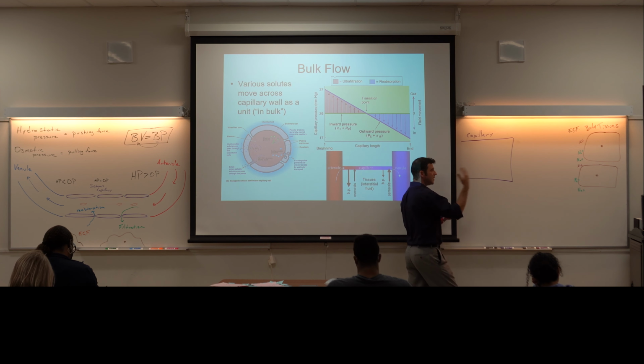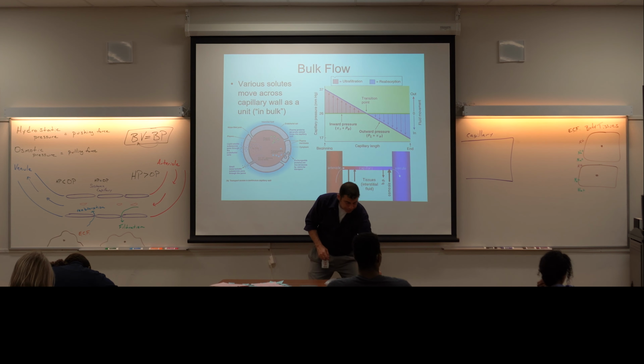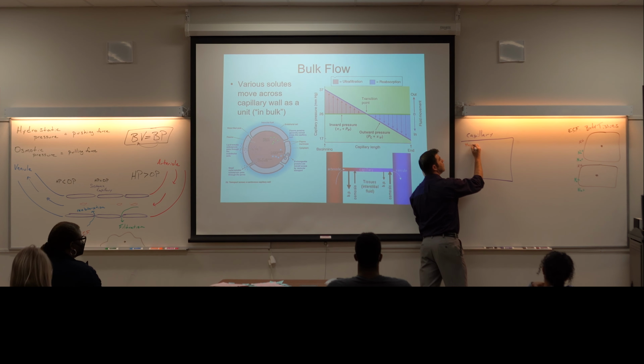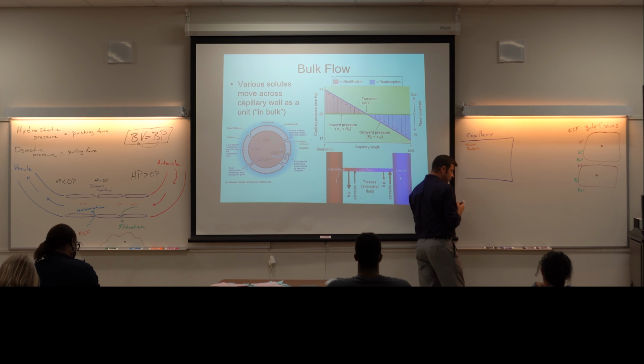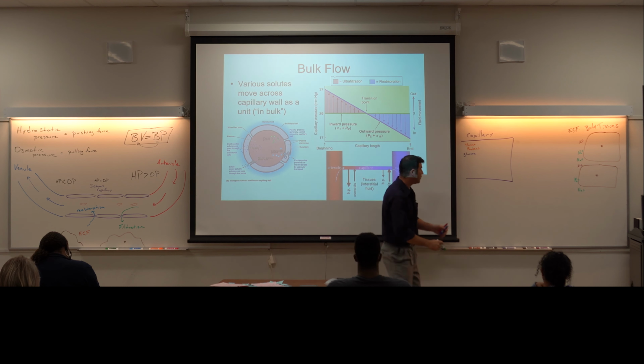Inside the capillary, just to flash back to things we were talking about in Unit 1 when we were talking about the blood, I had a couple of them drawn in there. One of those things we find in the blood is the plasma proteins. And also in the bloodstream there are things like glucose molecules. If you eat a sugary snack or something like that, then you've got a bunch of glucose.